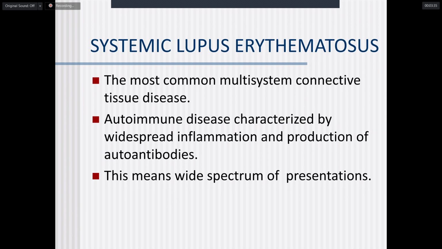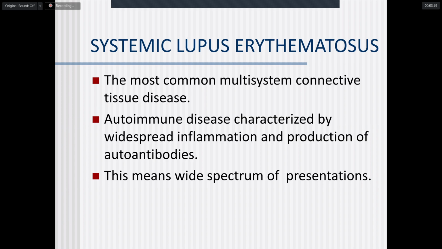بالنسبة للأسلي, it's the most common multi-system connective tissue disease, so it's more common than other multi-system connective tissue disease. زي إيش؟ زي اللي حكينا عنه rheumatoid arthritis, زي مثلا بهجت disease اللي راح نحكي عنه بعدين. It's an autoimmune disease characterized by widespread inflammation and production of autoantibodies. المريض بصير عنده autoantibodies.